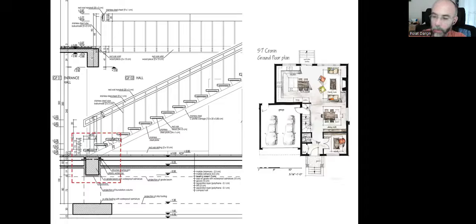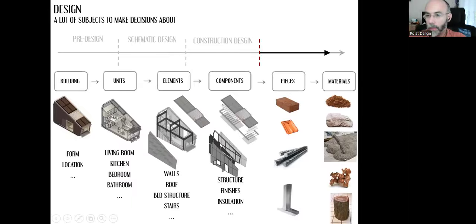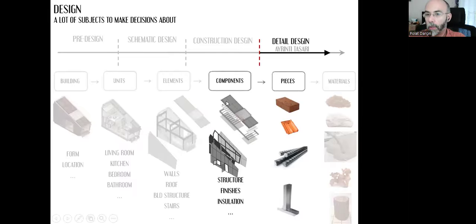So these drawings are some sort of instruction for the builders to create the building in the physical environment, physical world. And if it's not enough, we can zoom in, so to say, give more details, especially for the connections of different components or pieces.